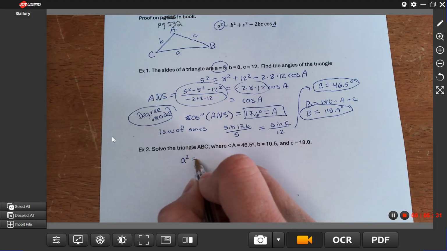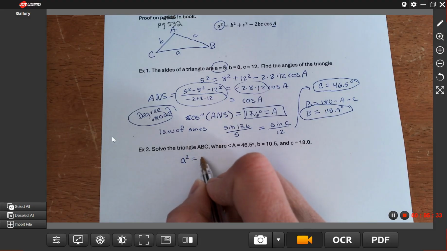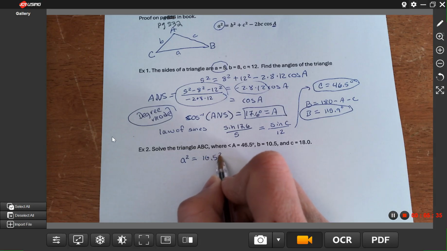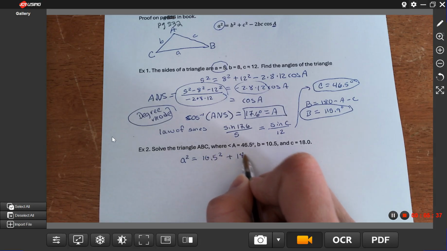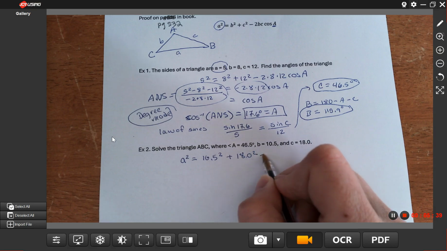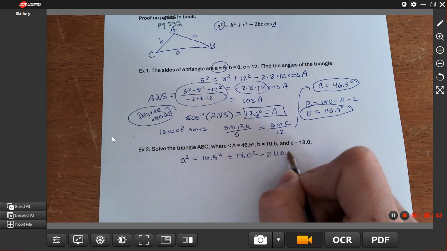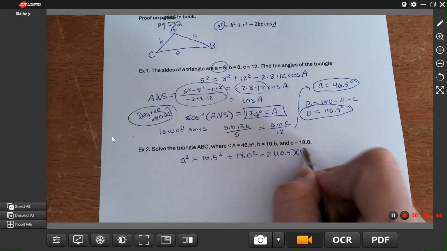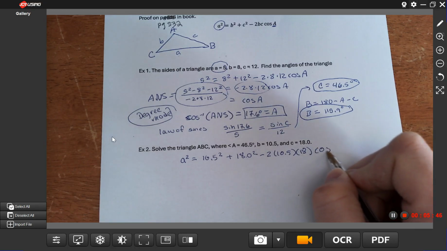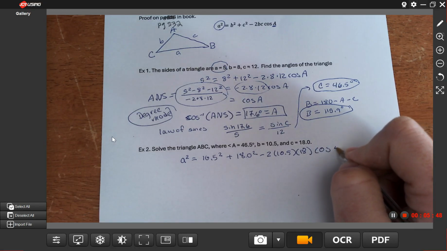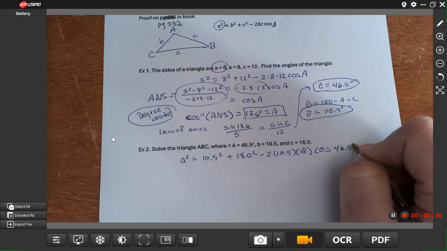So a squared, that's what we don't know, is equal to b squared plus c squared minus 2 times b times c times cosine of angle A, which in this case we do know.